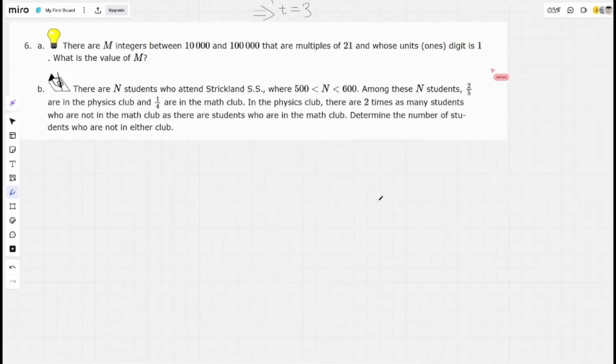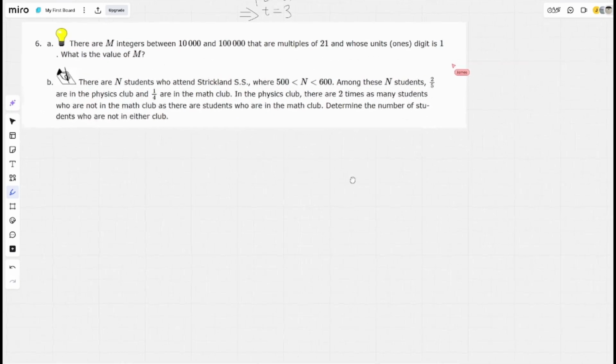What we can do is, let's first figure out what it means for a number to be a multiple of 21 and also have units digit 1. There are actually two ways to do this. There's one way using slightly more advanced methods with modular arithmetic, and there's another way that just uses pattern finding to figure out the characterization of multiples of 21 with units digit 1.